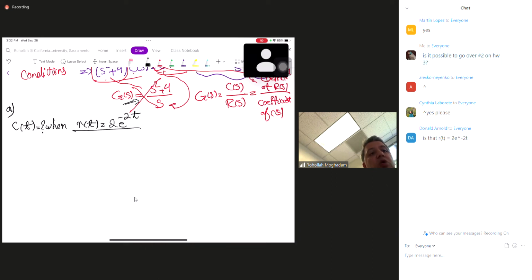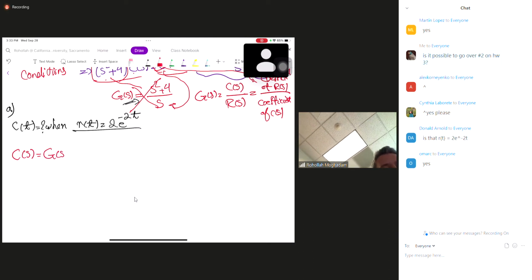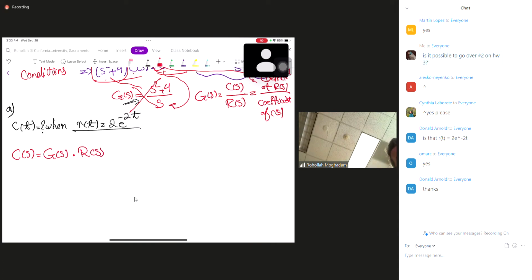So again, the first part is the most important part. For the second part, the important equation is that the output is the transfer function times the Laplace transform of the input. Again, this is in the frequency domain and not in the time domain. You cannot take the inverse Laplace of the transfer function, multiply it with the input signal in the time domain, and get the output. This is not correct, and you will not get any point for that.